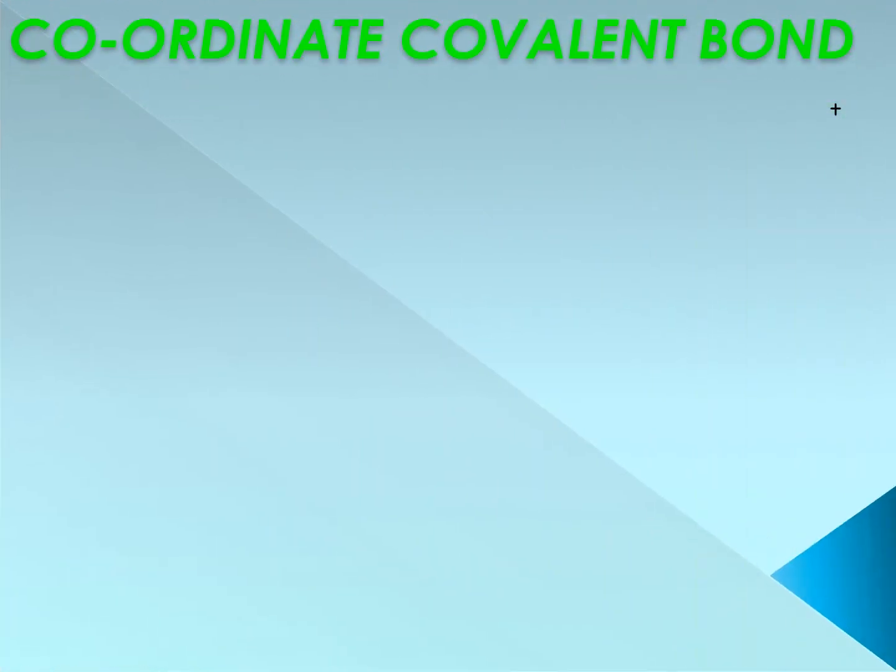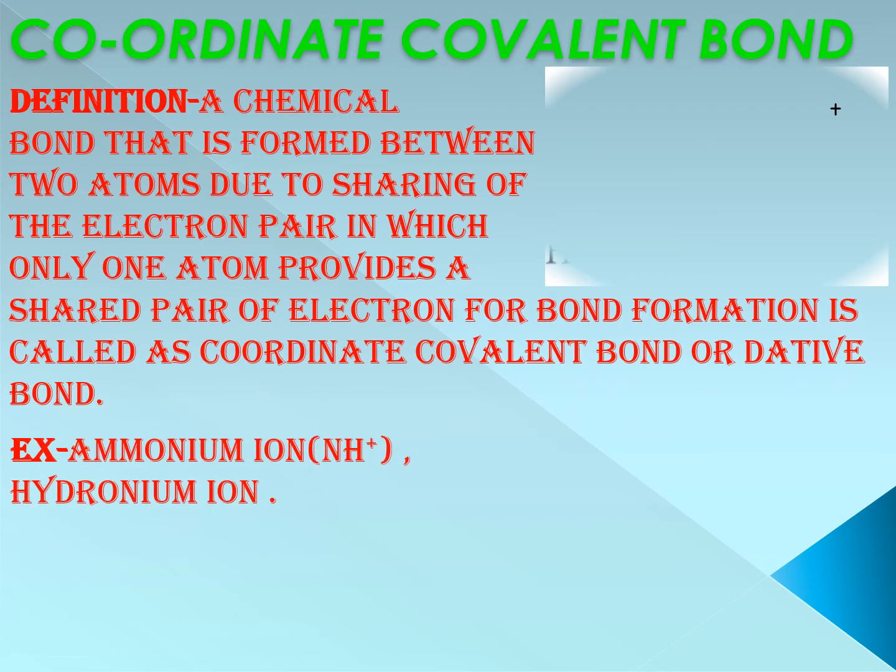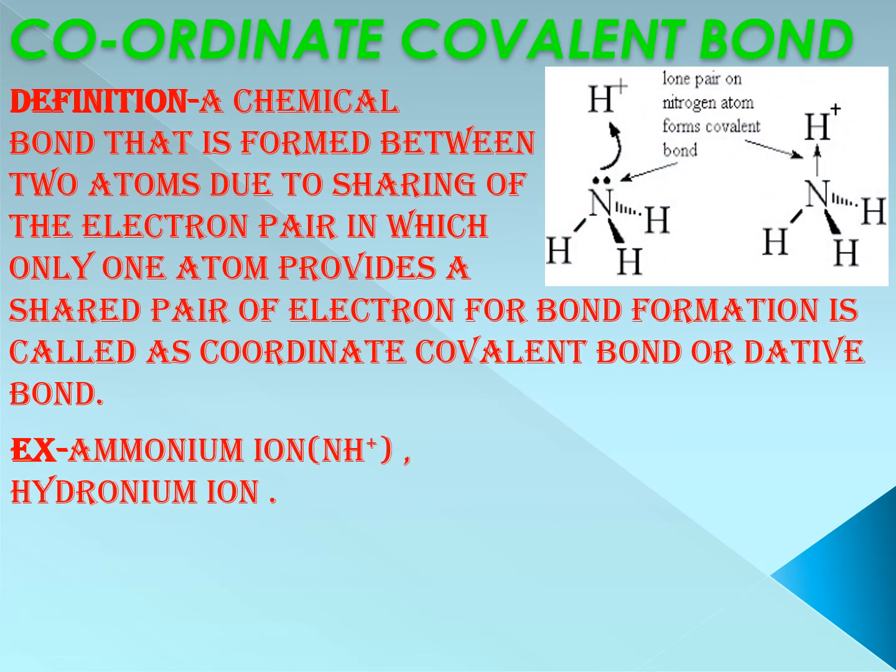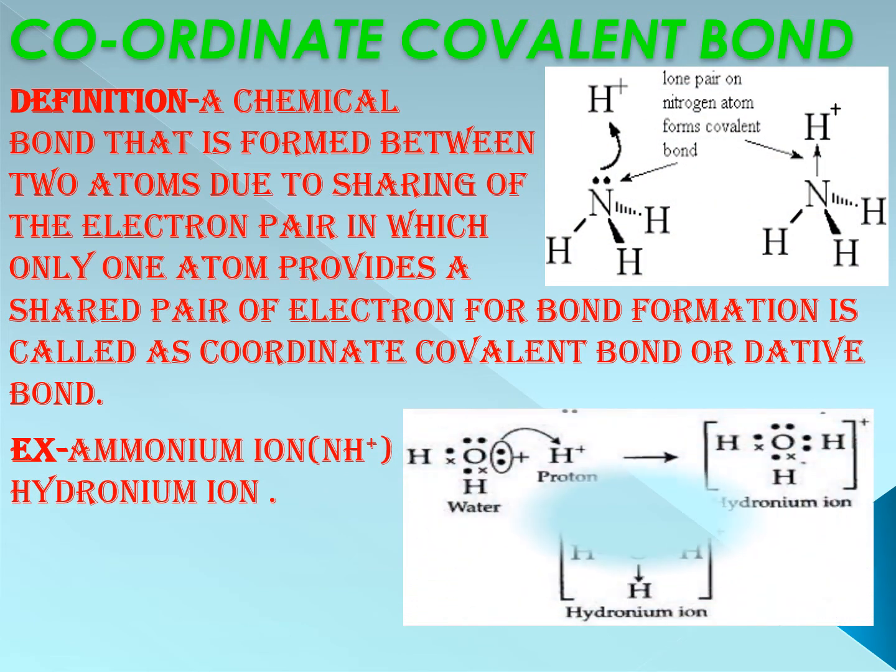The next type is coordinate covalent compound, which leads to the formation of a coordinate covalent bond. Here, the bond formed between two atoms by sharing a pair of electrons, where that pair of electrons is provided entirely by one of the combining atoms but shared by both, is called a coordinate covalent or dative bond.